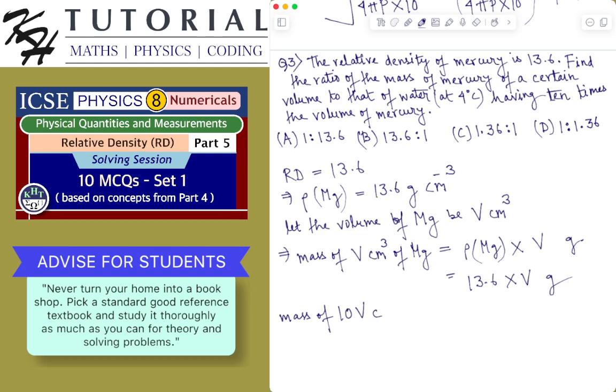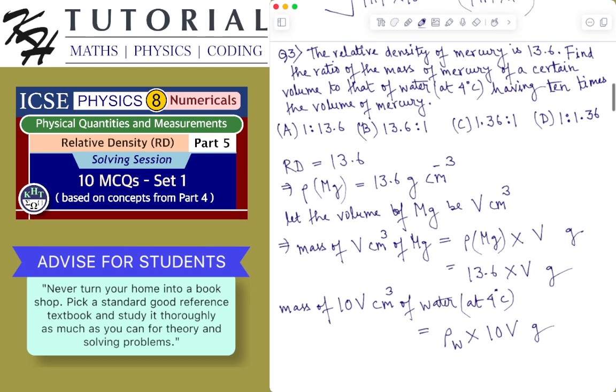The mass of 10V centimeter cube of water at 4 degrees centigrade will be the density of the water, which I am denoting with rho W, multiplied by its volume, that is 10V, this much gram.